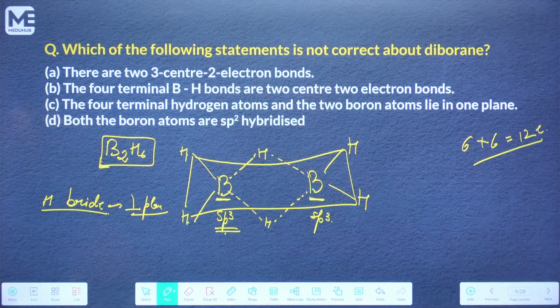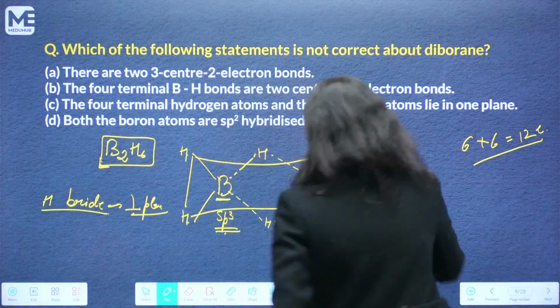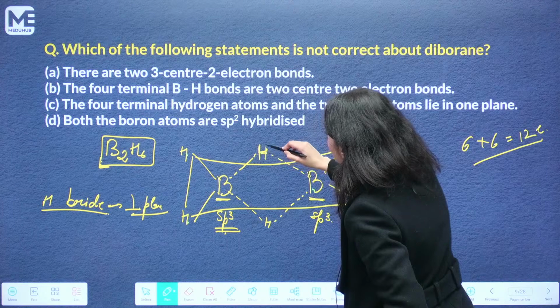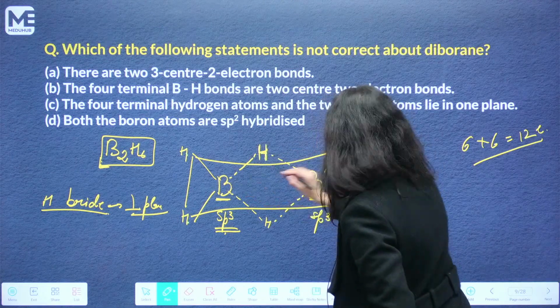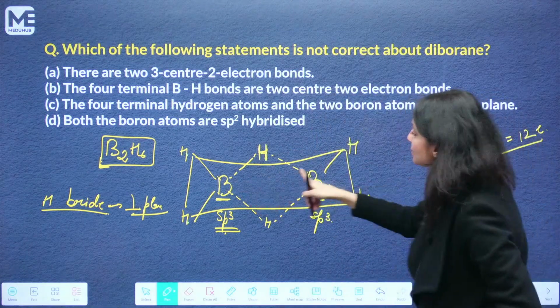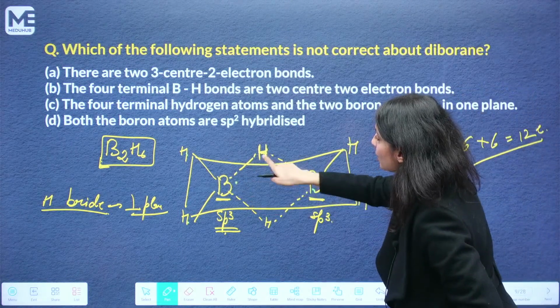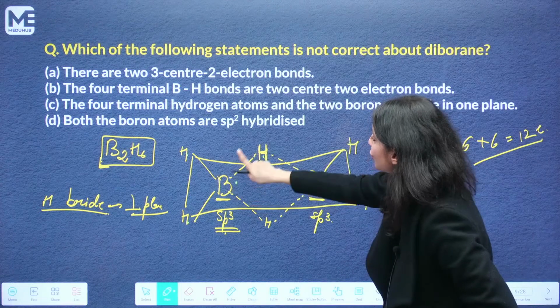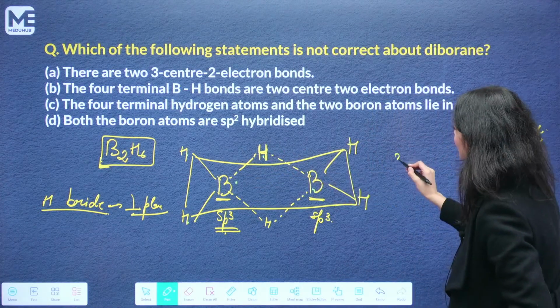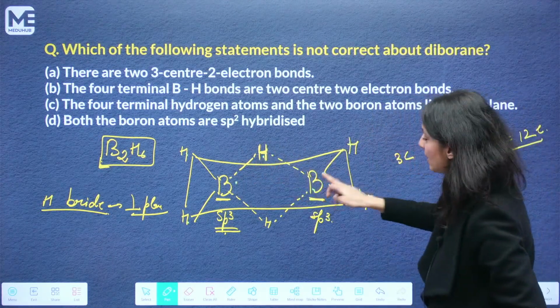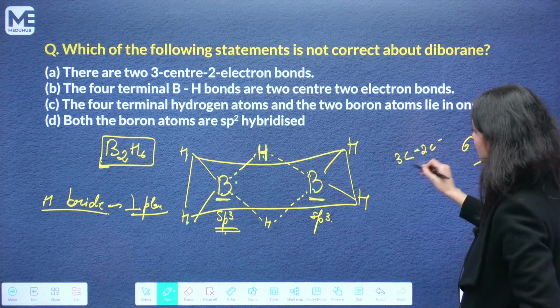Okay, now let us look at the options. There are 3 center 2 electron bonds. This is correct. Why? Because if you look at this bridging bond here, this boron is giving 1 electron, this hydrogen is giving 1 electron. These 2 electrons are shared between these 3. So 3 centers BHB and 2 electrons.